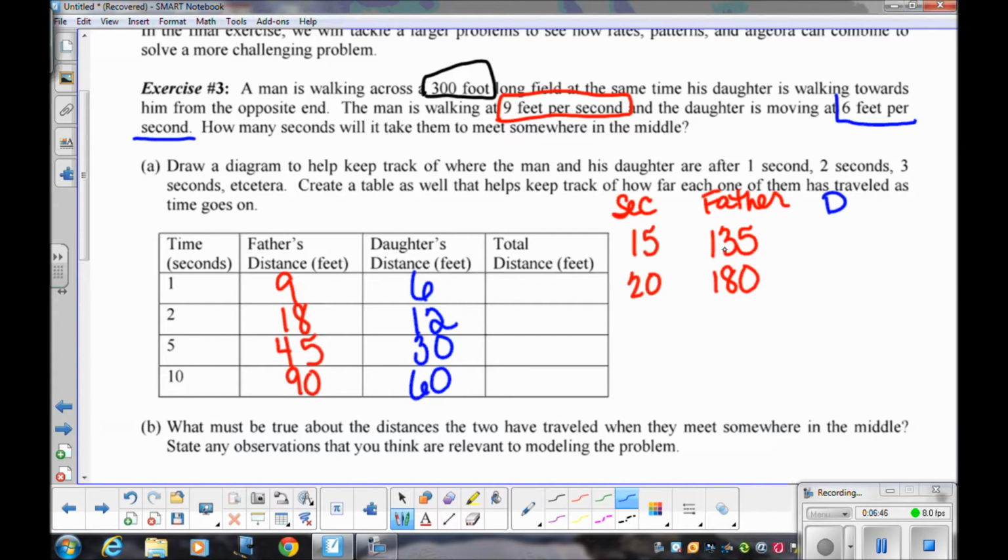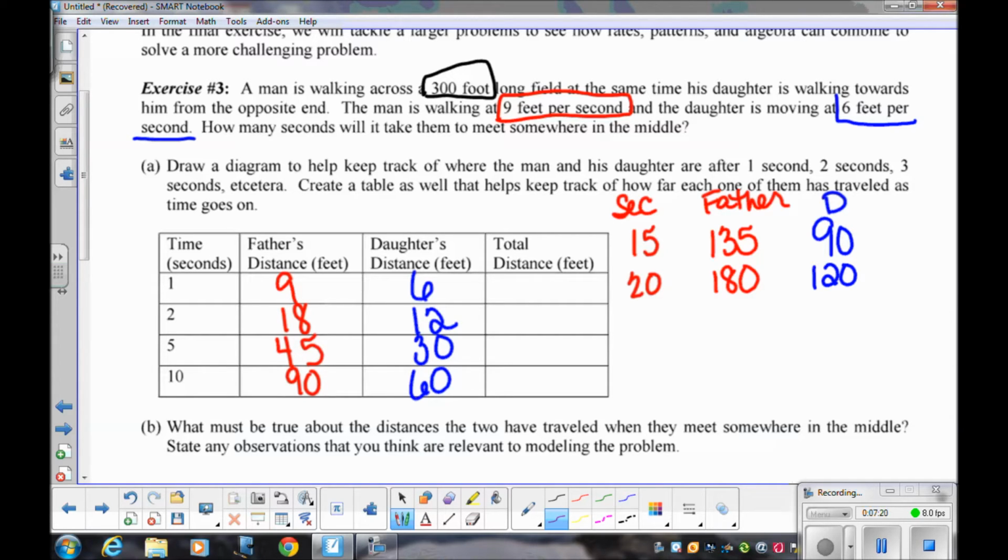That 15 times 6, and we end up with 90, and then 20 times 6, and we are at 120 feet.